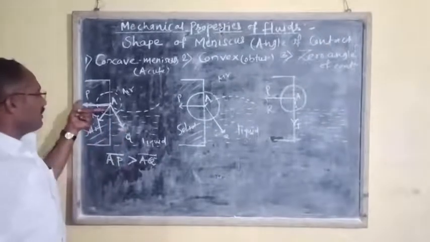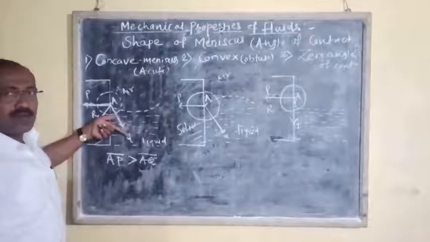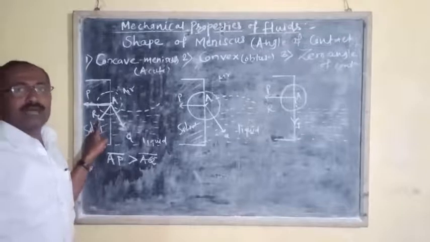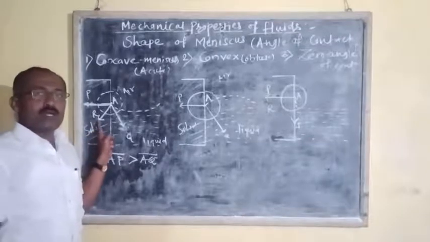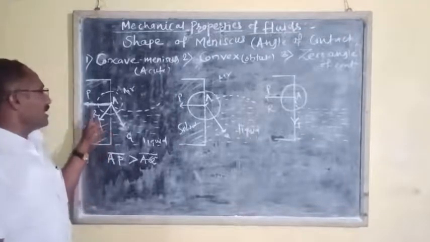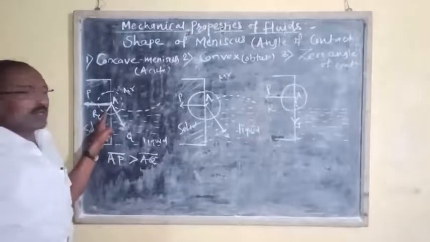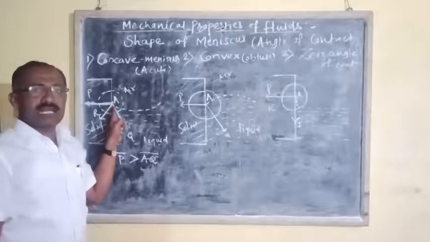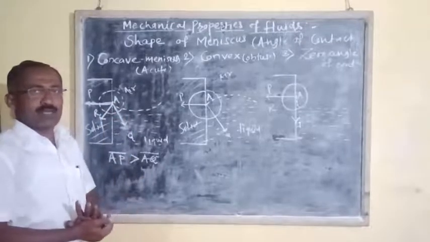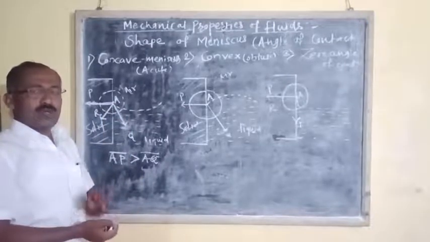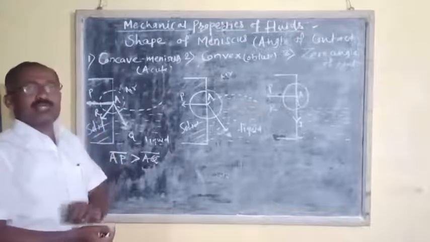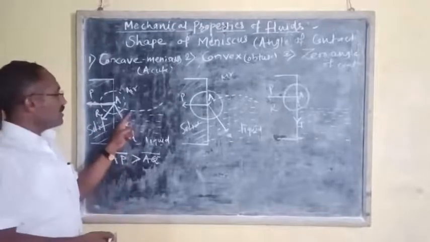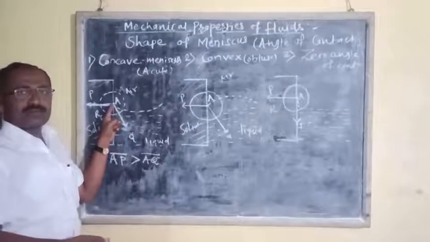But here AP bar is greater than AQ bar, therefore the resultant of these two forces will lie in the solid. This resultant will be perpendicular to the liquid surface at A, and in order to achieve equilibrium, molecules like A will move in the upward direction.